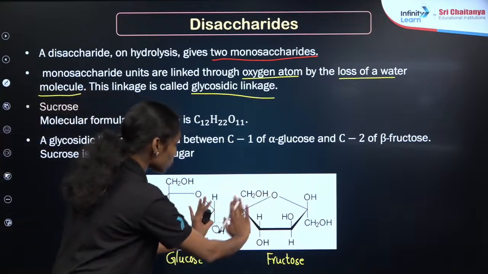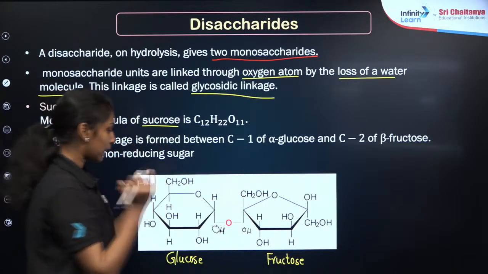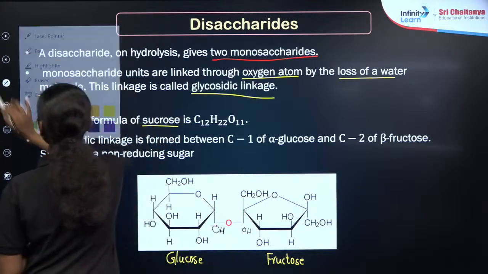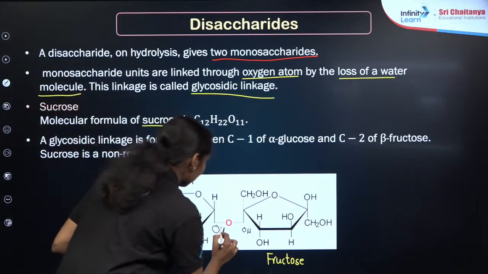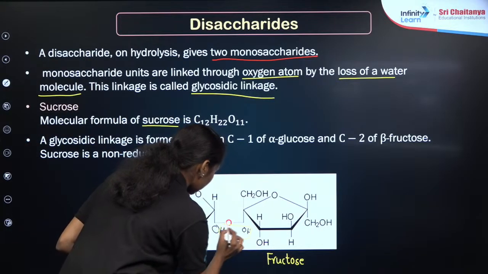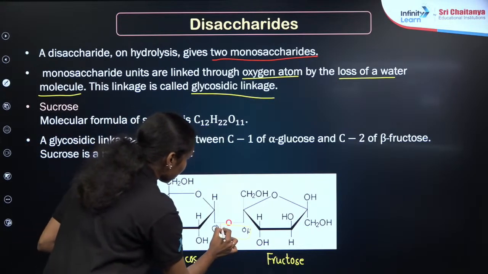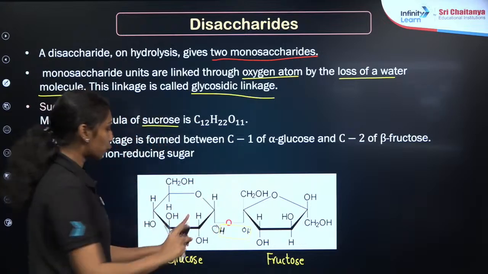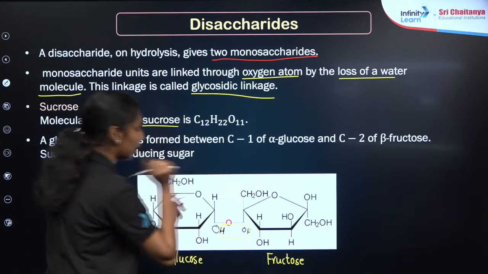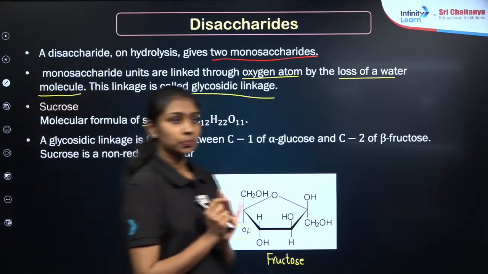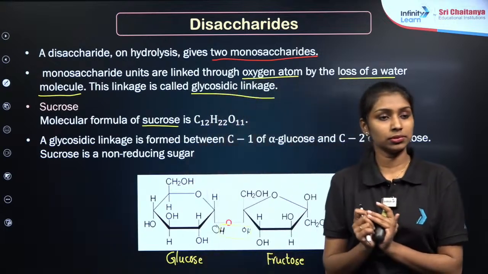Whenever these two monosaccharides combine together, there will be a loss of a water molecule. These OH and H will combine together to form a water molecule, leaving an oxygen atom in between. Clear?